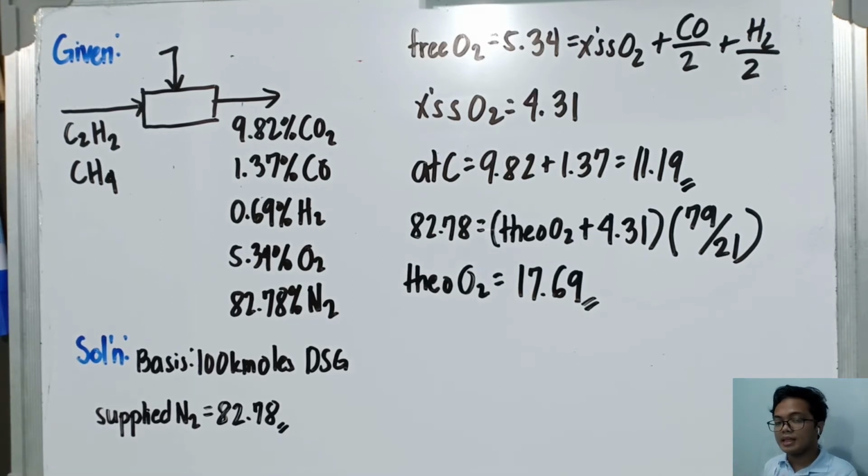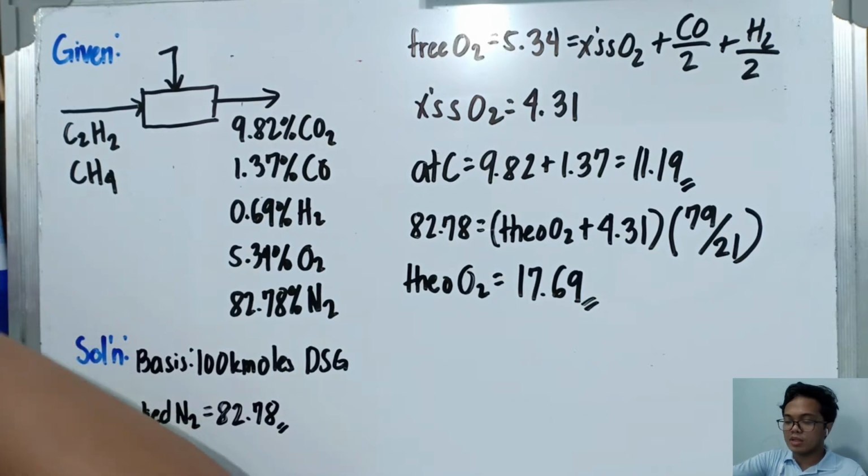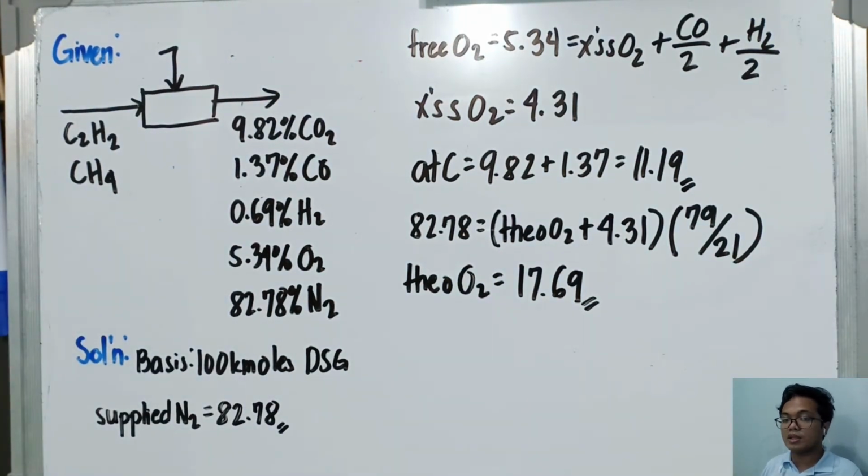Alright, now that we have our theoretical O2, we also have our excess O2. We can immediately get our percent excess air. That is one of the requirements. It's actually the requirement for letter A. So let's just get that right now.